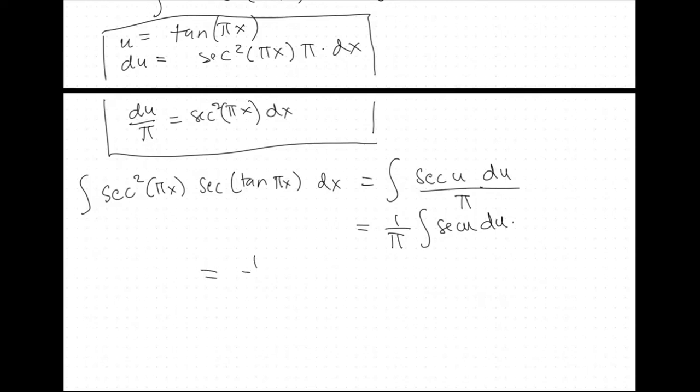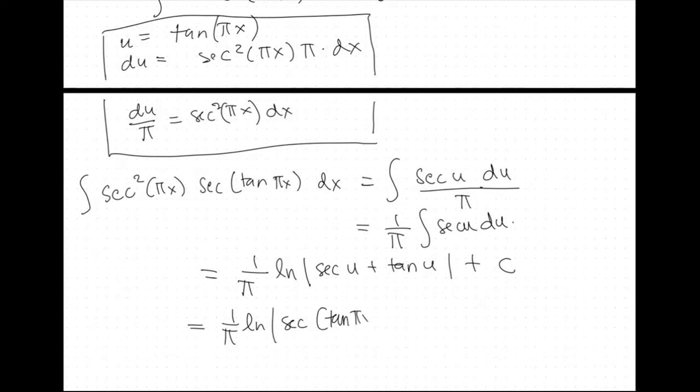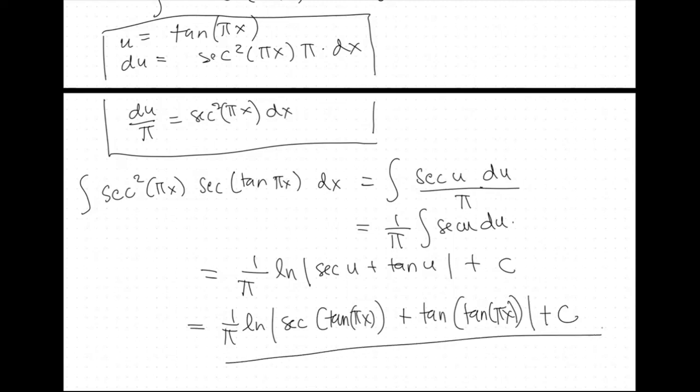Here we get 1 over pi ln of secant of u plus tangent of u plus c, and then rewrite: 1 over pi ln of absolute value of secant of tangent of pi x plus tangent of pi x, plus c.